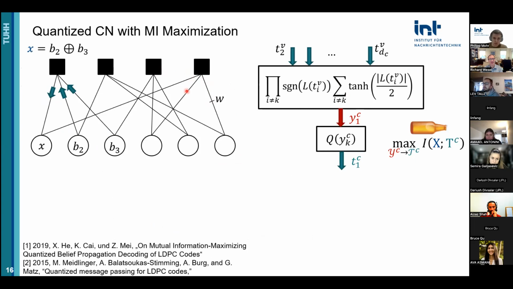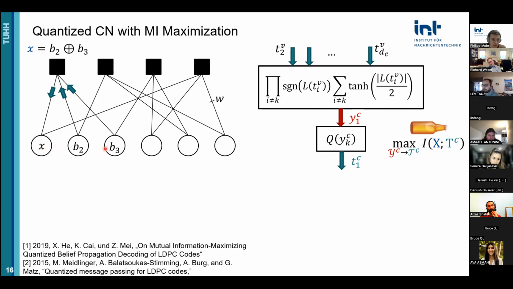So the results we have seen so far are just for the variable node. And yeah, there exists a computational domain also for the check node. And we can apply the same technique also at the check node to reduce the complexity. And at the check node, in this case, it's the degree 3 check node.